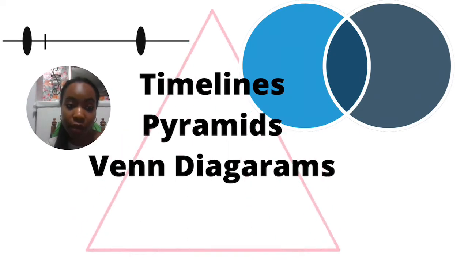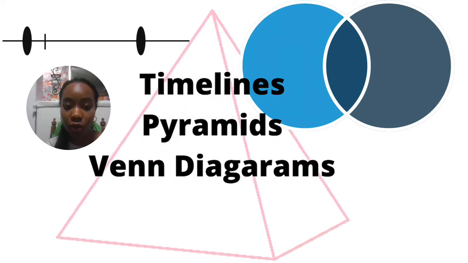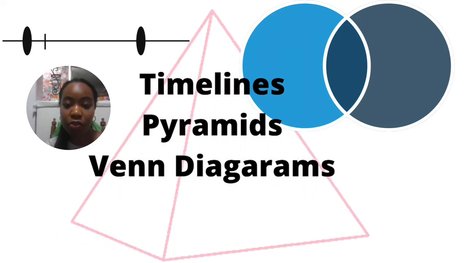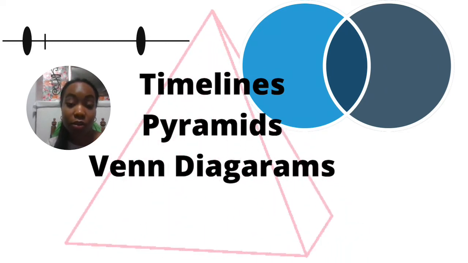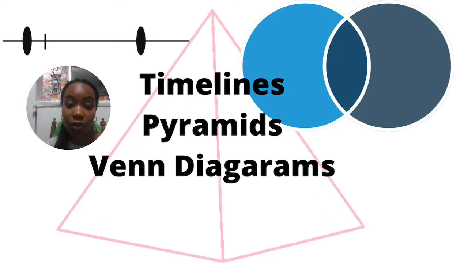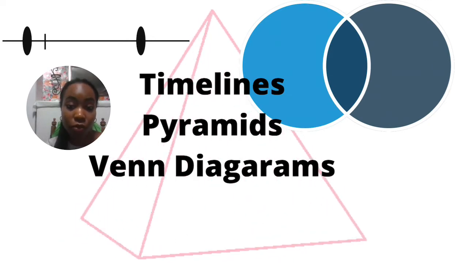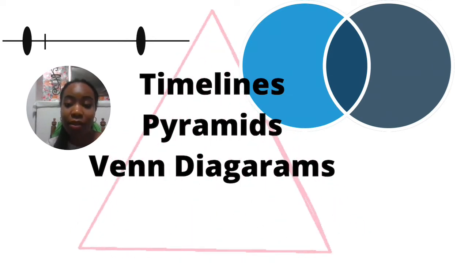When I can, I embed these tools in the worksheets students complete to assist them in answering critical thinking questions. I've had students complete Venn diagrams, fill in pyramids when learning about the social structures of different societies, as well as timelines.